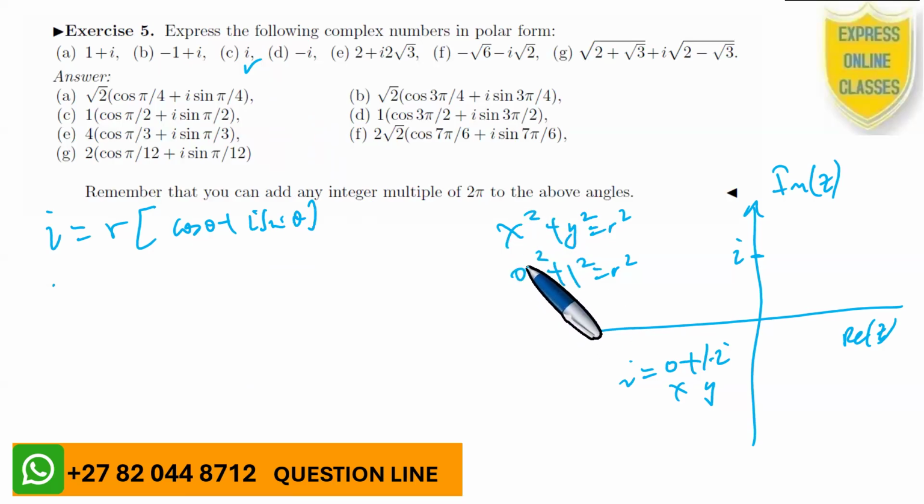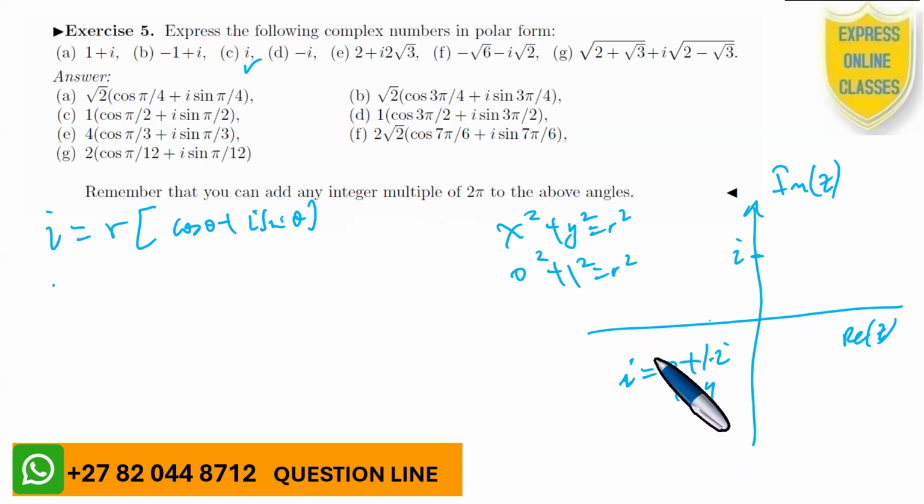So now you have x squared plus y squared is equal to r squared, and this is the diagram. You plot the number: because this I, you put it here on the y-axis, and the x, you put on the horizontal axis.